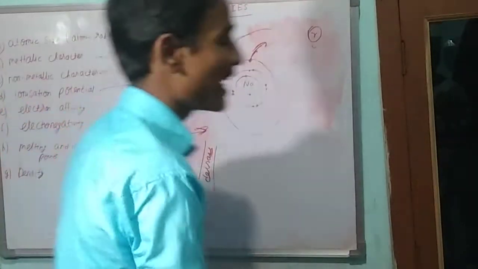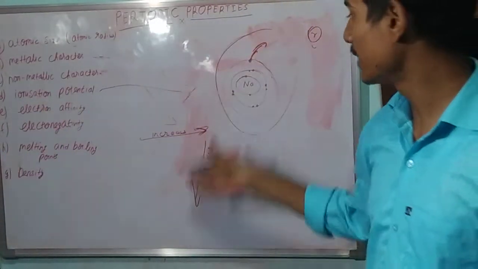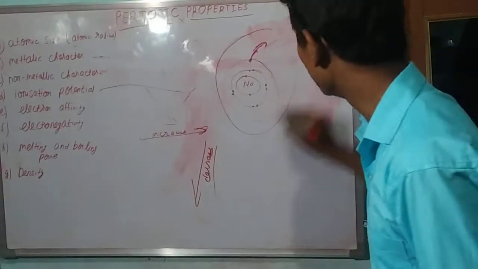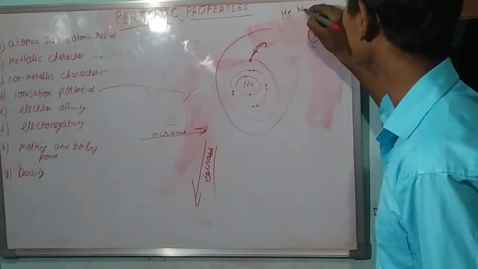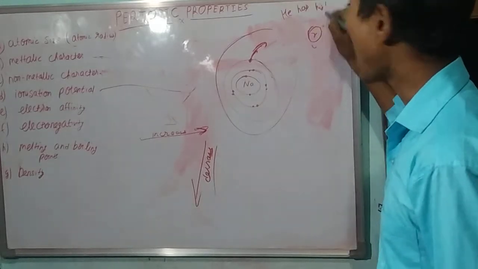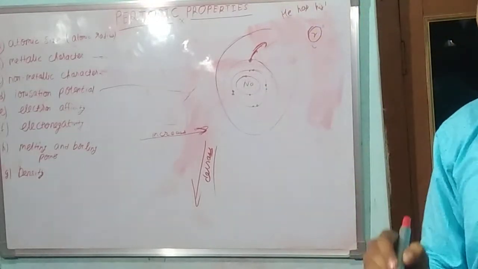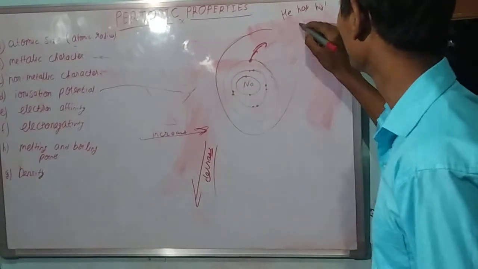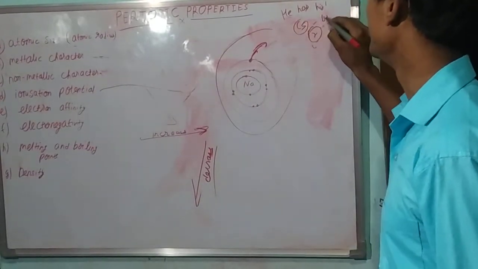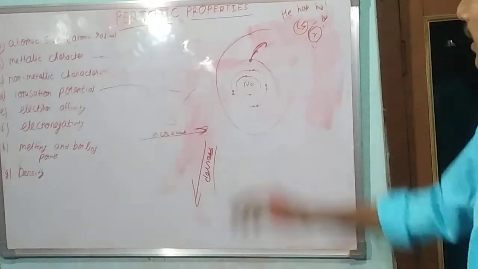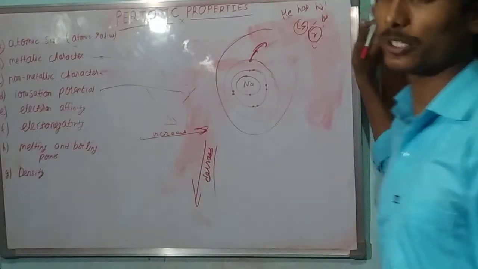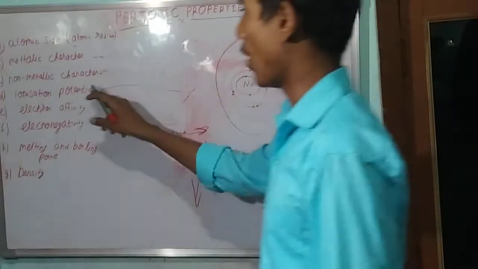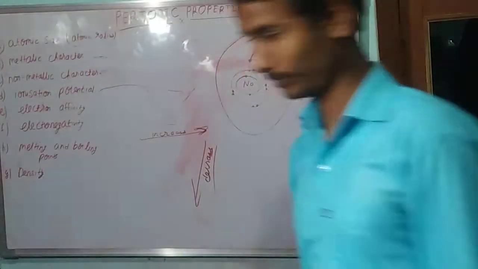That's why ionization potential decreases down the group. Helium has the highest ionization potential and cesium has the least ionization potential. This is all about ionization potential.